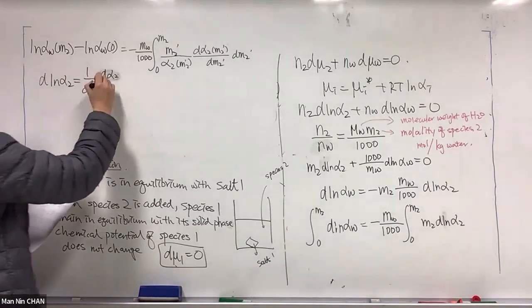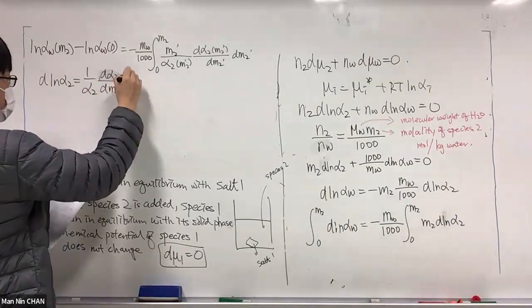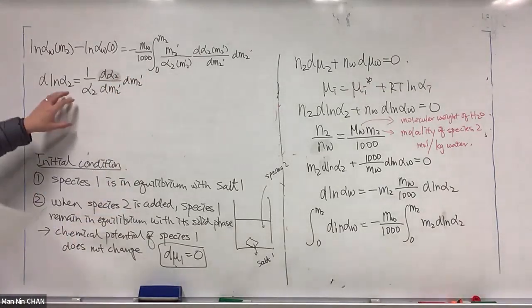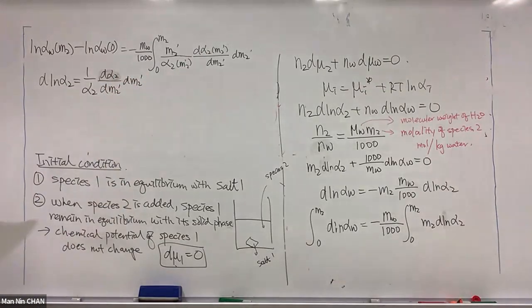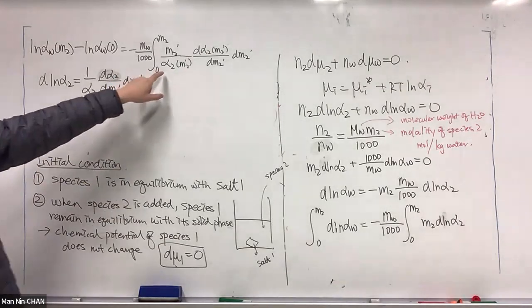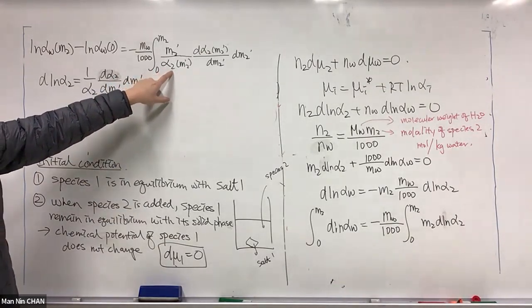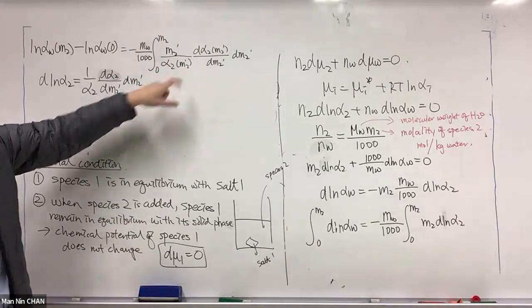Then if I apply the chain rule, I can just multiply, so that's why I can substitute this into the terms here. I put down this alpha 2 because the activity of my species 2 depends on this concentration, right?